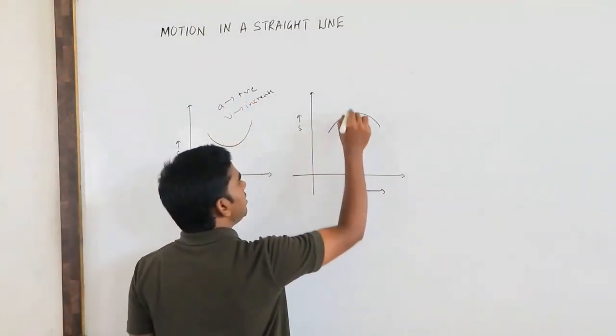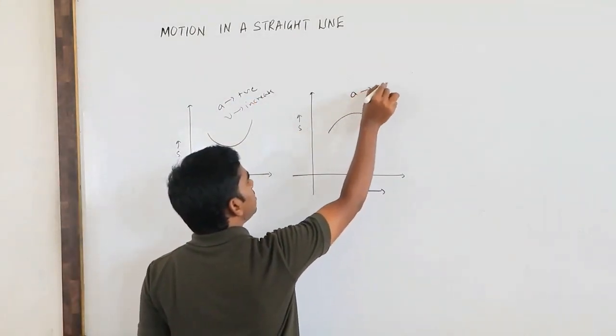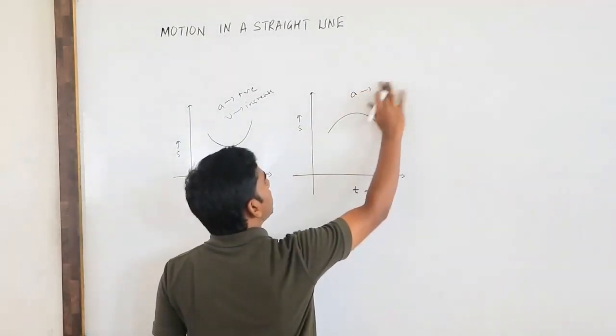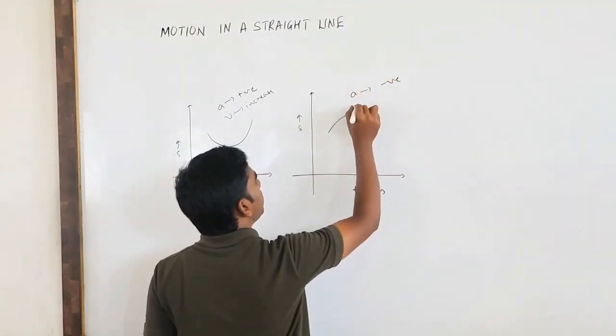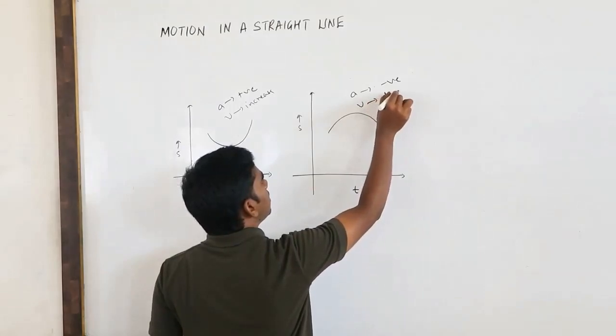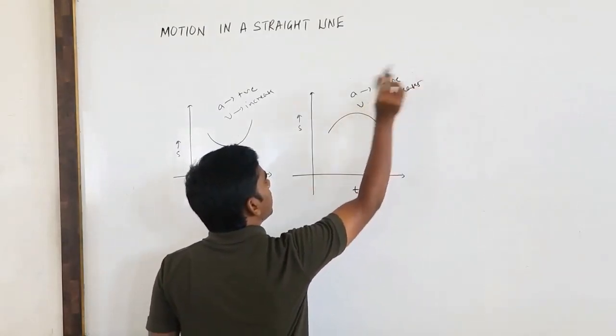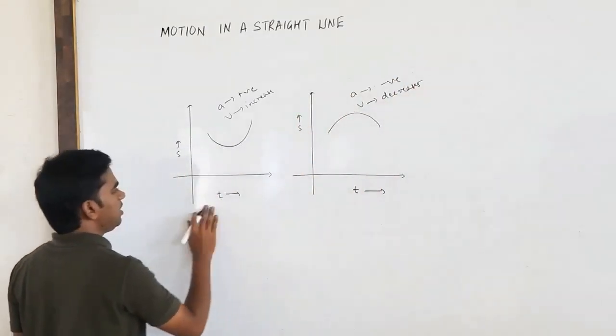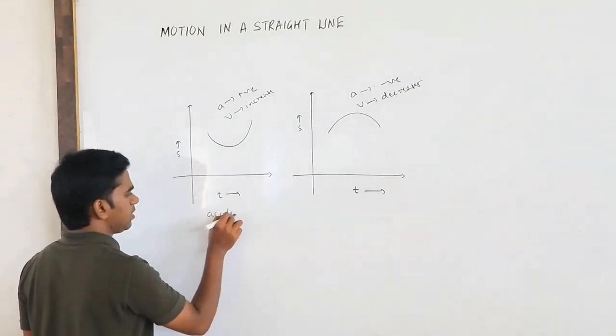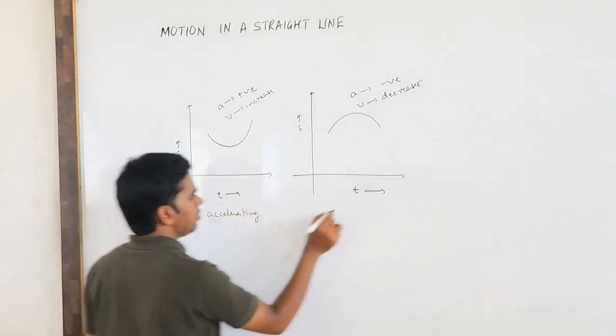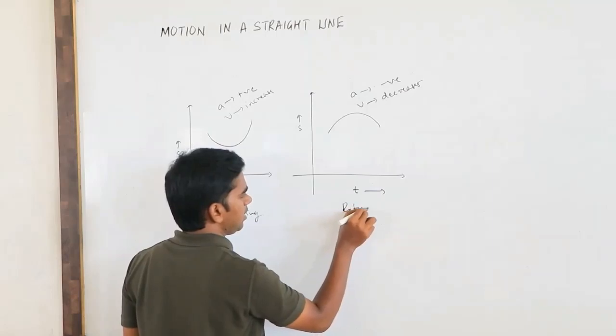Here, if it is downward, A is negative, V decreases. So here the body is accelerating, and here the body is retarding.